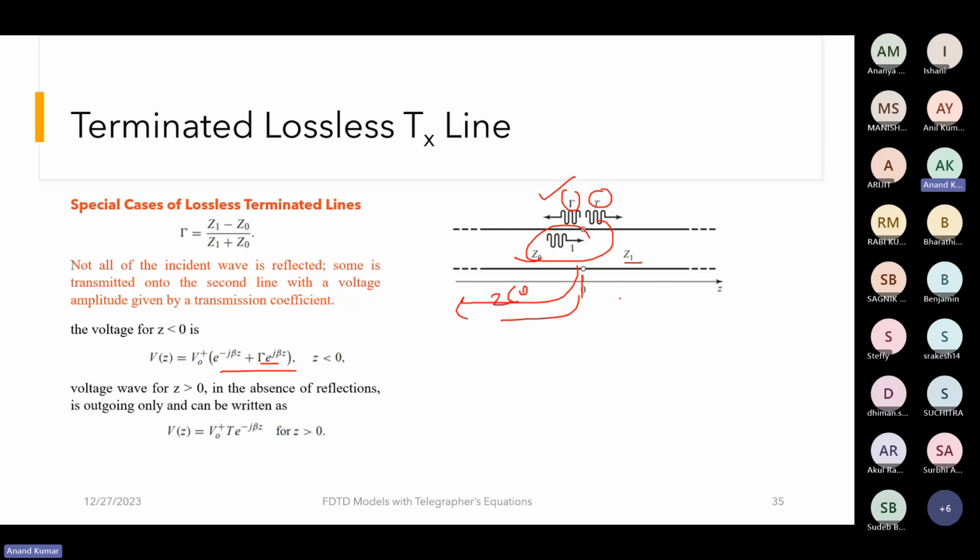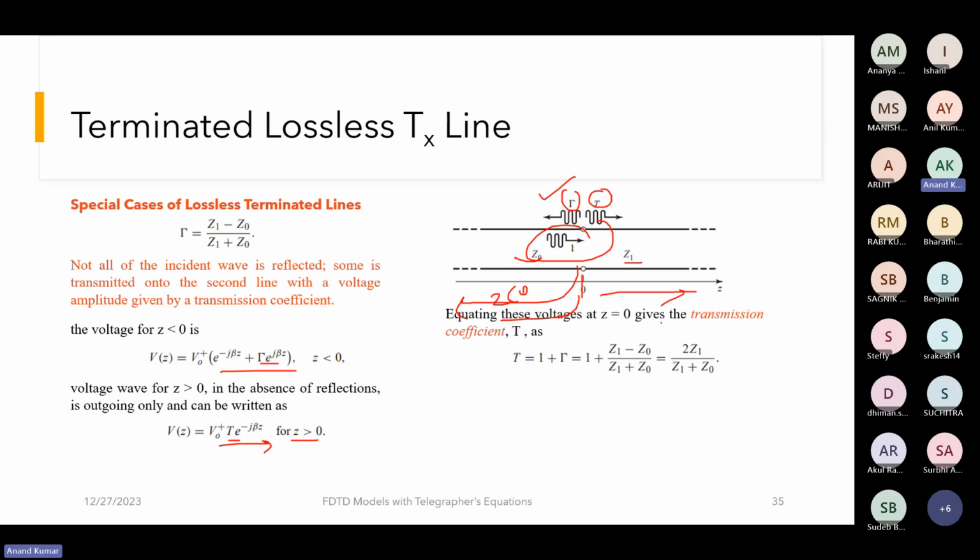And for z greater than 0, for the next transmission line with characteristic impedance Z1, it will be given by the transmission coefficient: the incident voltage multiplied by the transmission coefficient is the transmitted wave for z greater than 0.